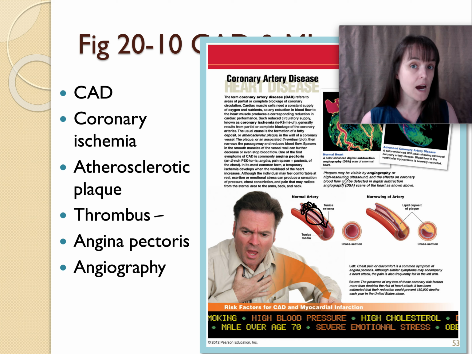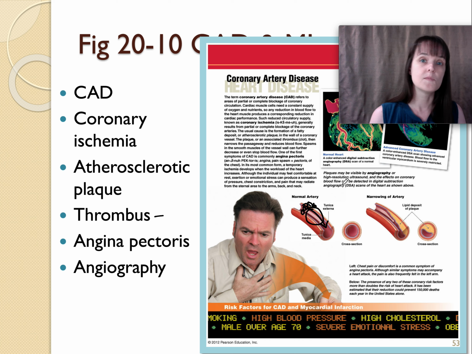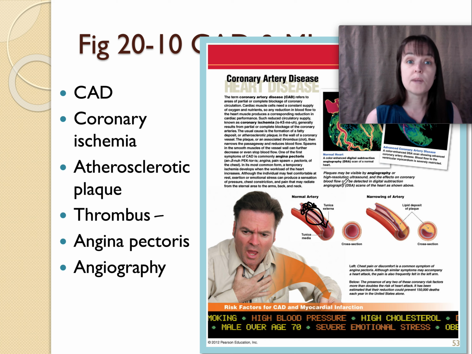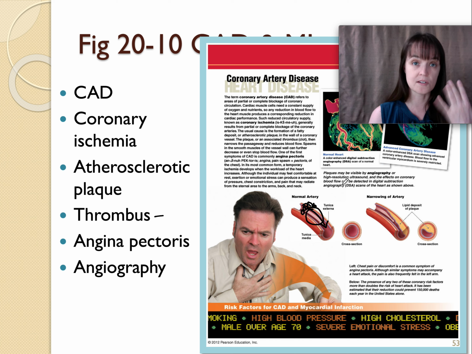Fluoroscopy is a live X-ray, and you'll see this often with a barium swallow, where they're looking to see if the patient can still swallow food into their esophagus, or if every time they swallow, they're getting some leakage into the trachea, and that can cause problems with the lungs, because then you start getting food and water in the lungs, and that's never good.